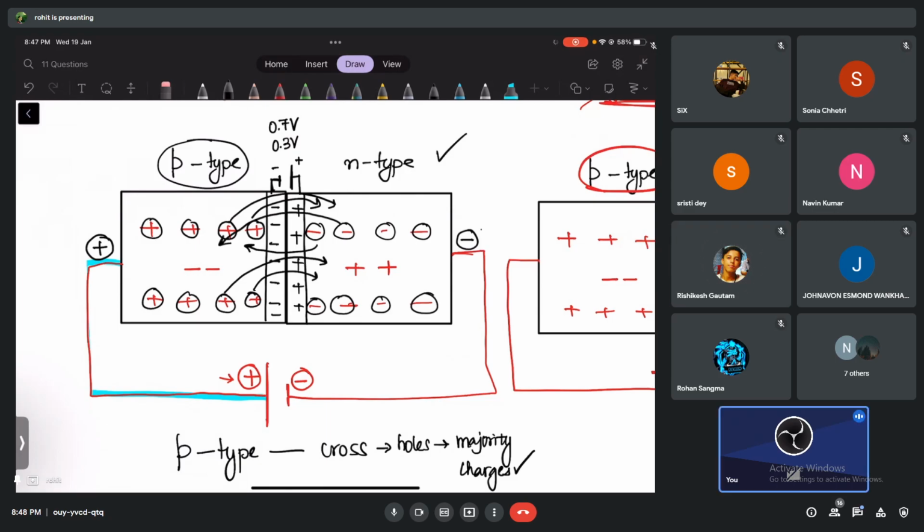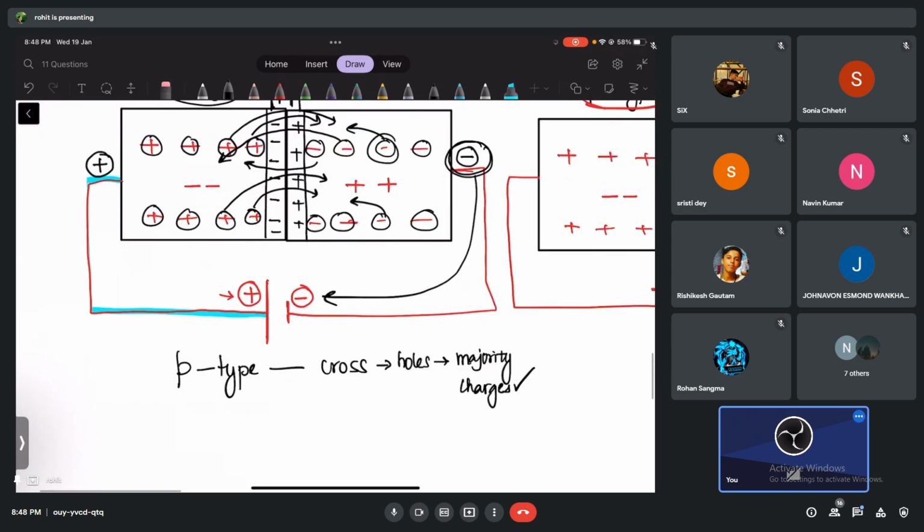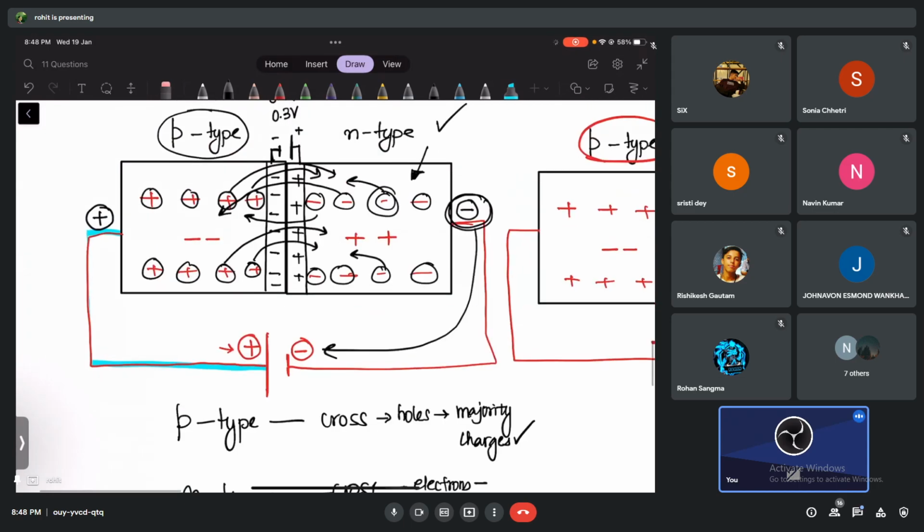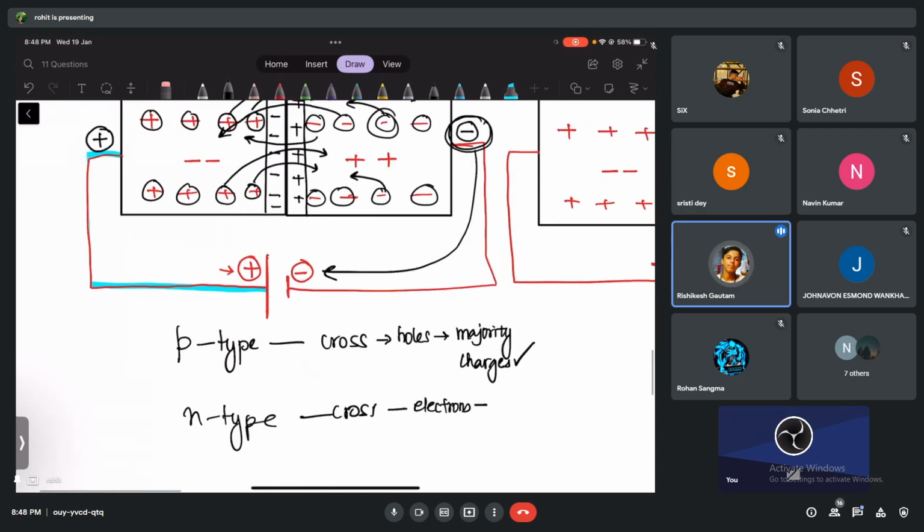Electrons will cross because the applied negative will push the electrons. They will go and cross the junction from the N type. On this side, the electrons are majority charges.